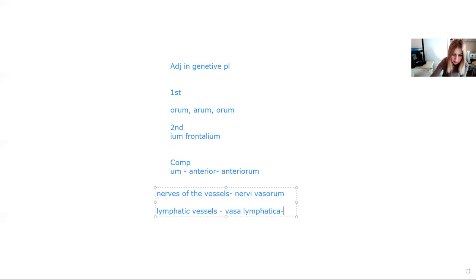In genitive plural, it will be vasorum. Lymphaticus is a first group adjective, so ending -orum, because vasorum is neuter. Lymphaticorum. Vasorum lymphaticorum, genitive plural of lymphatic vessels.